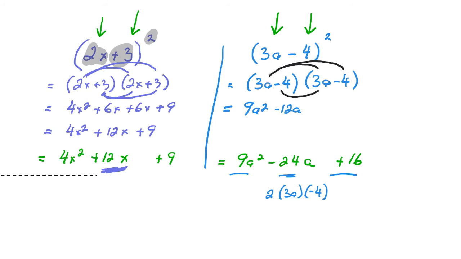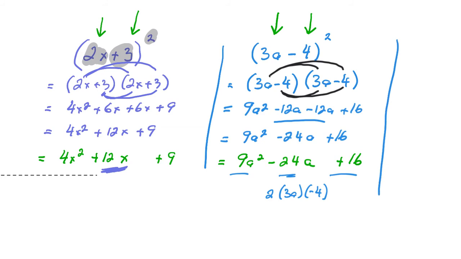Negative 4 times 3a is also negative 12a. And negative 4 times negative 4 is positive 16. The like terms are already collected, so to simplify, you will get the result that I came up with in green.